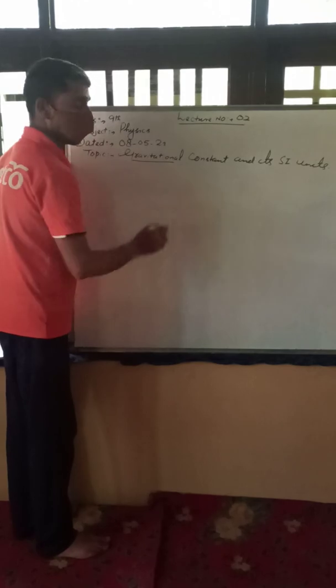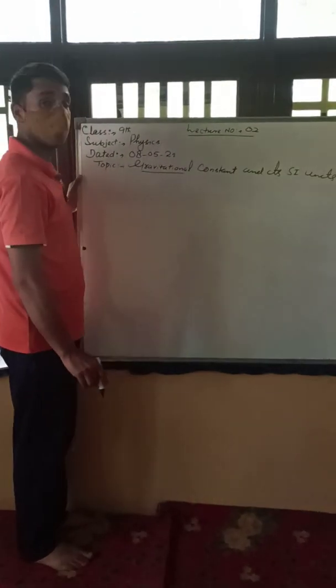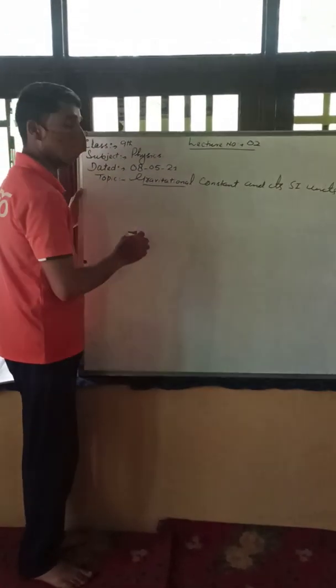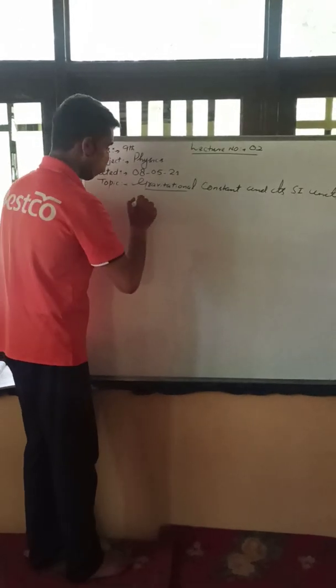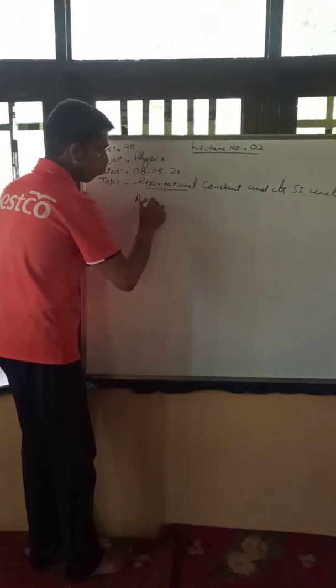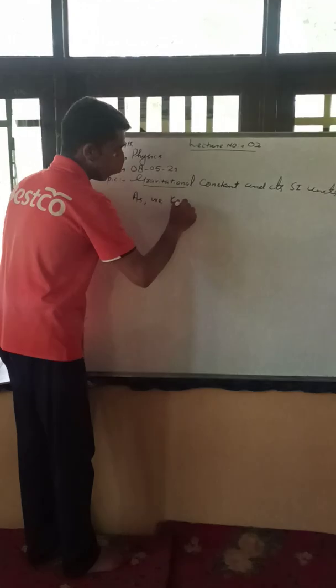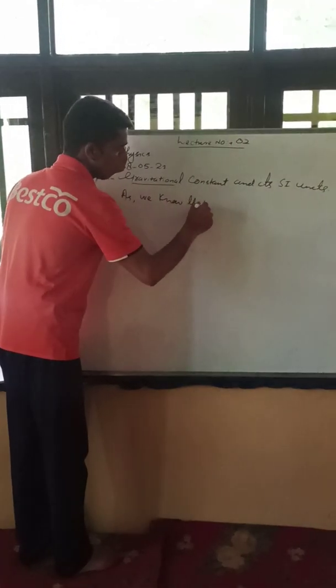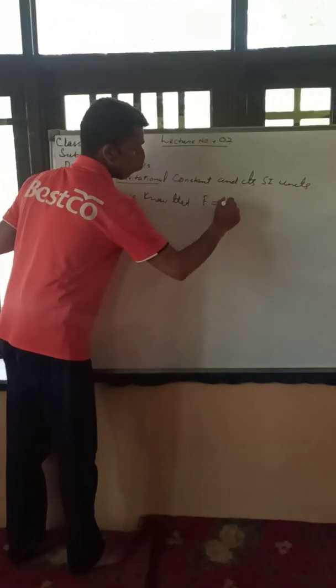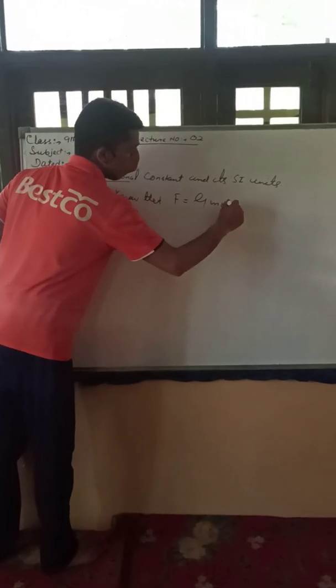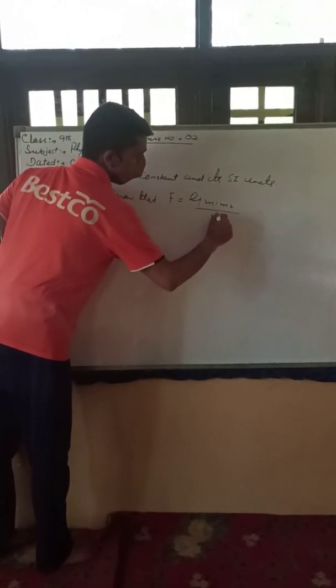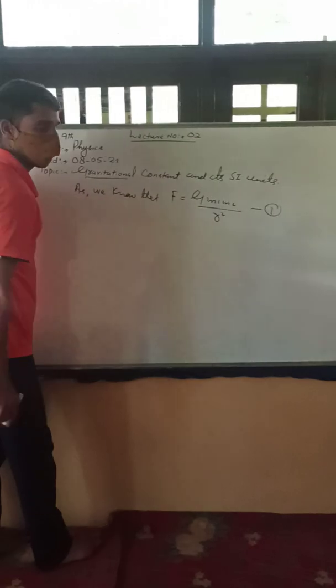First of all, in yesterday's video we learned about the universal law of gravitation and its mathematical derivation, that is, as we know, F is equal to G times M1 M2 divided by R square. Take it as equation first.